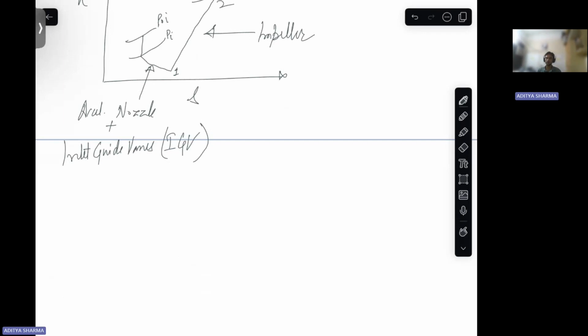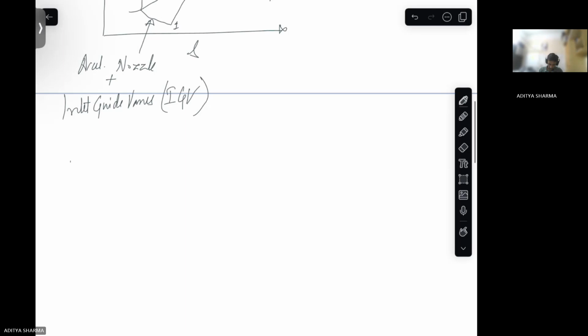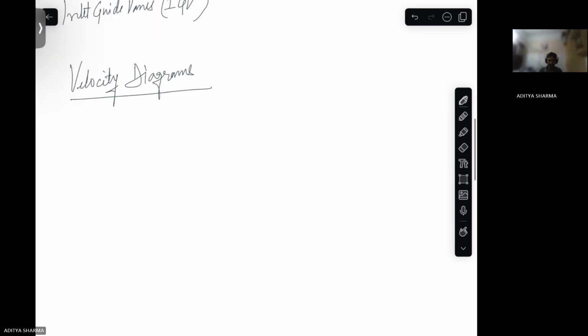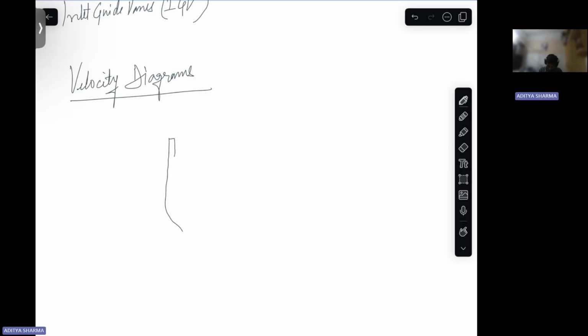So if we can visualize flow properly inside the centrifugal compressor, then it becomes very easy to draw the velocity diagrams. So now I'll draw an impeller. From the front, your impeller will look something like this.